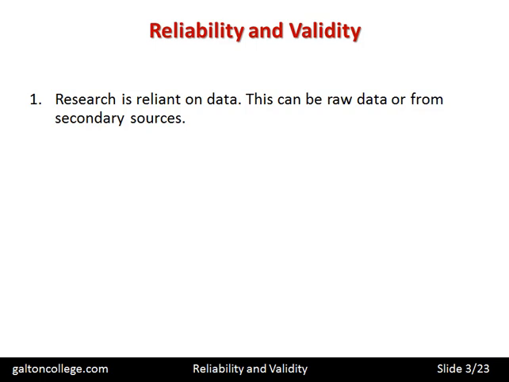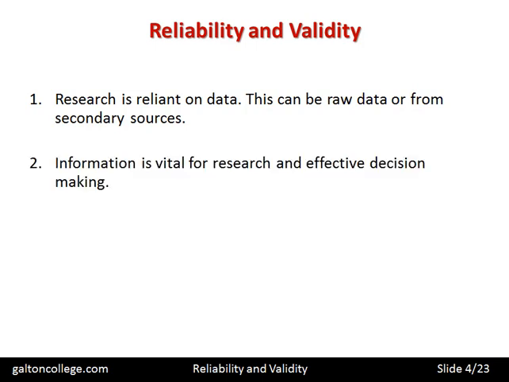Whereas from secondary sources, these could be government publications, for example, the data is published, it's collected by the government, let's say, and it's published, and the researcher picks up the data from there and then goes along to subsequently analyze it using some particular statistical techniques or some tools of analysis. So we have data from two sources, primary and secondary.